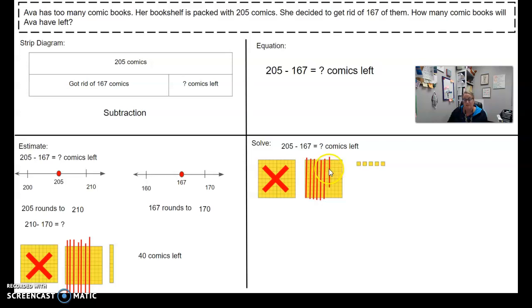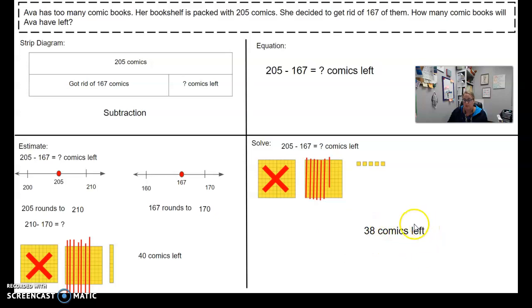Now the way I'm going to figure out my answer is I'm just going to count what's left over. So I'm going to start with my tens, and then I'm going to figure it out from there. I could just count by ones until I count them all. Either way works. So I'm going to say 10, 20, 30, 31, 32, 33, 34, 35, 36, 37, 38. So that means that she has 38 comics left.